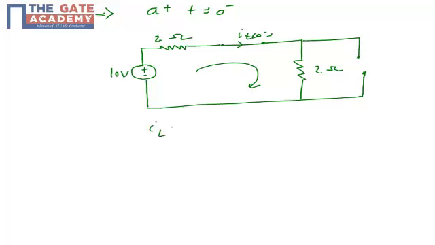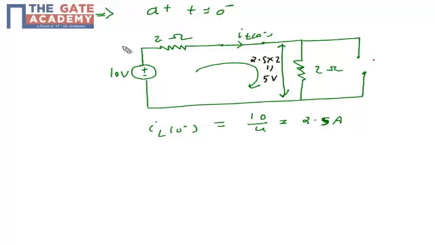And my IL at 0 minus will be equal to 10 upon 4, which is 2.5 ampere. 2.5 ampere current will be flowing here, and the voltage across this 2 ohm resistor will be 2.5 into 2, which is 5 volt.